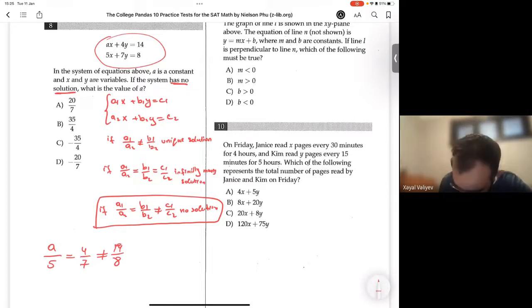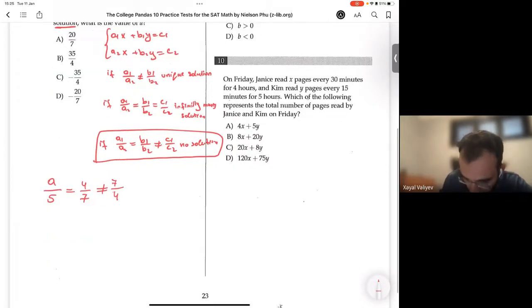I can simplify 14 over 8 as 7 over 4. Obviously, 4 over 7 is not the same as 7 over 4, so we are okay with it.